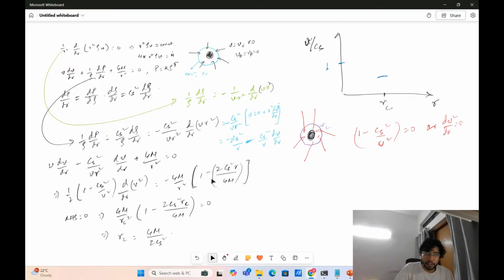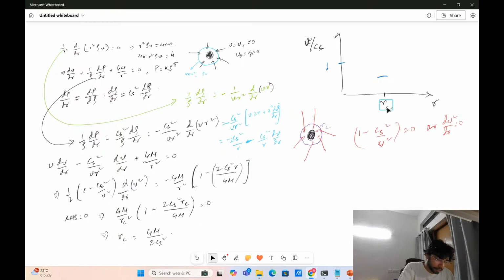Now, if R is greater than RC, what will happen? If you go to very high radius, what will be the value of this quantity? Will it be positive or negative? This will be a very low quantity, because you see this factor, R goes to infinity. This will make this term go to zero, right?